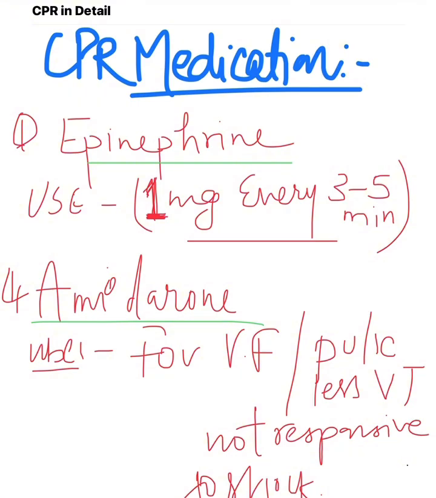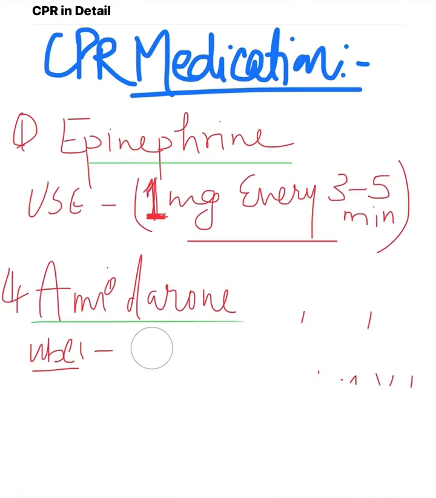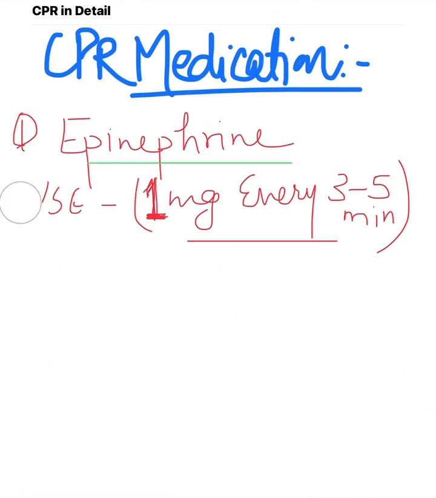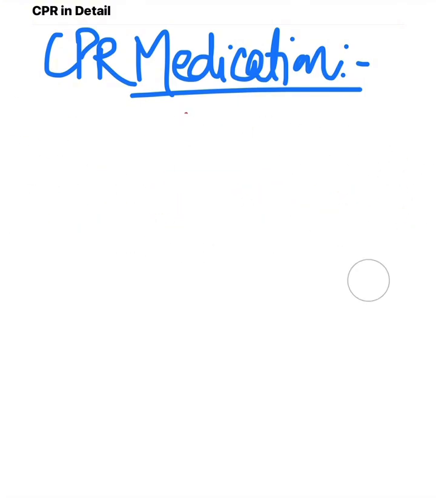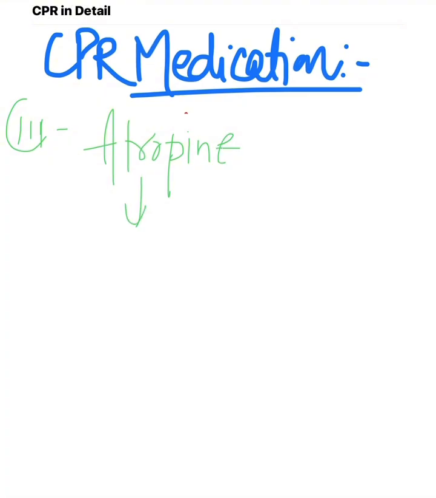Next medicine is atropine. This is used for bradycardia.